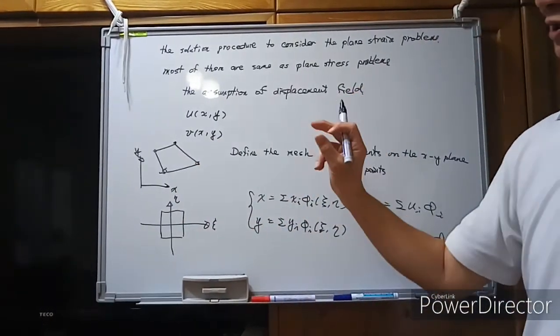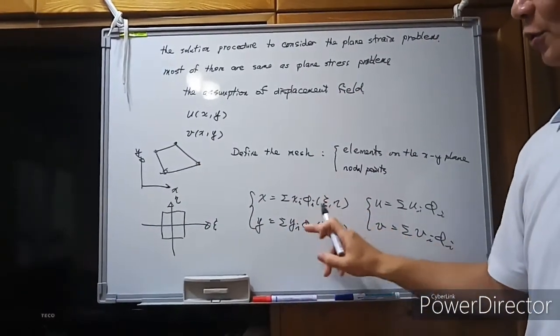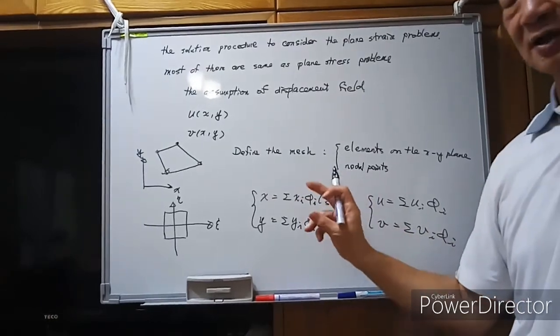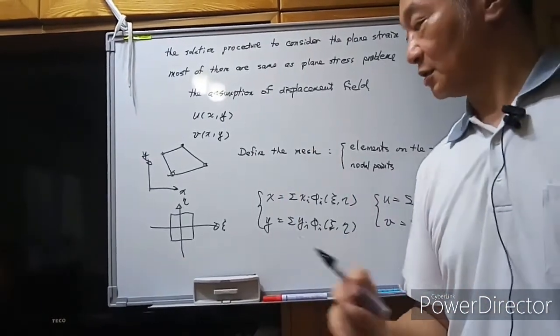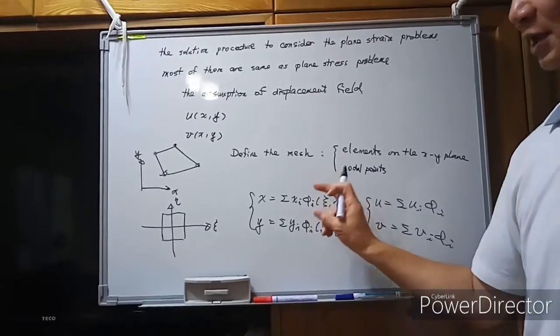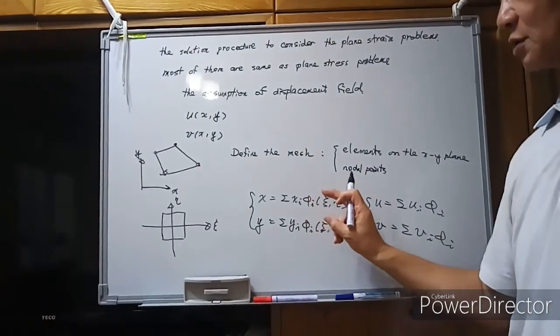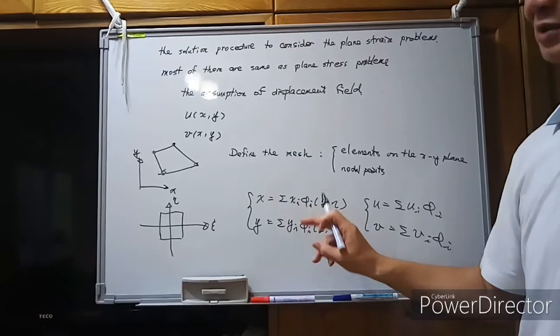So for any considered element, we know all the related xi and yi for this element. So the xi and yi are input from the program user. So we know all this information.